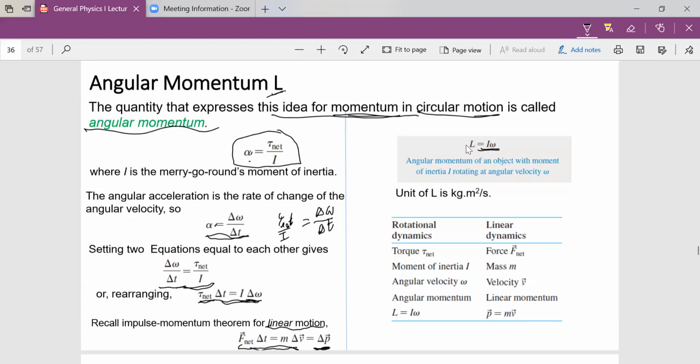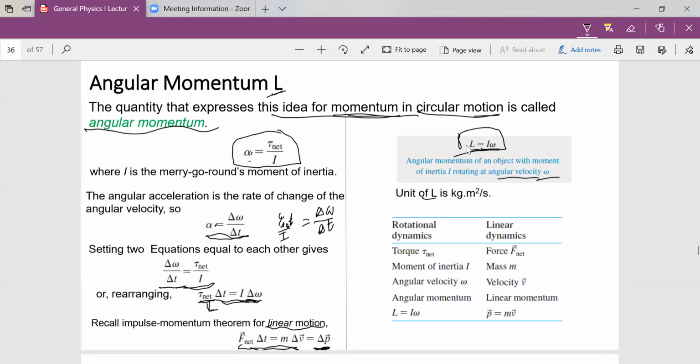So L will now be torque times change in t, and this means L is equal to I omega. So we have this expression as the angular momentum for an object with inertia I in rotational motion, and omega means our angular velocity.